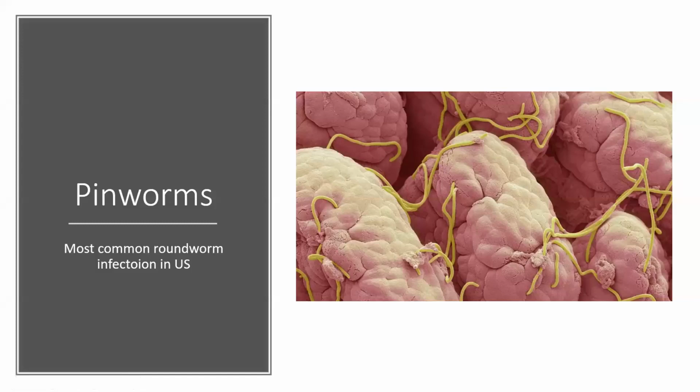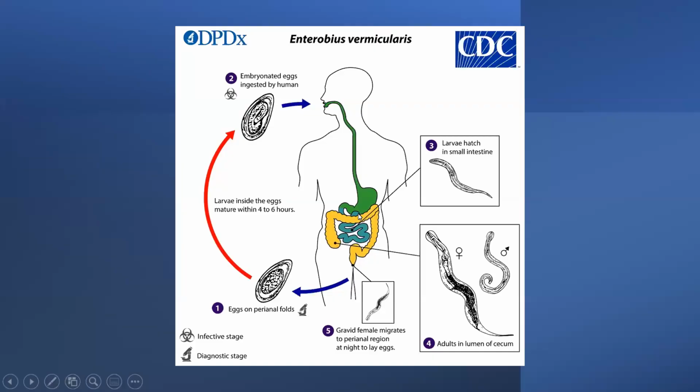Probably the most common roundworm infection in the US is the pinworm, which we can see here. This will cause infection in your intestines, and you're going to see a recurring trend here: you ingest these eggs in some way, and then they infect your body, and they're going to be in your intestines, and then you shed them through your feces.